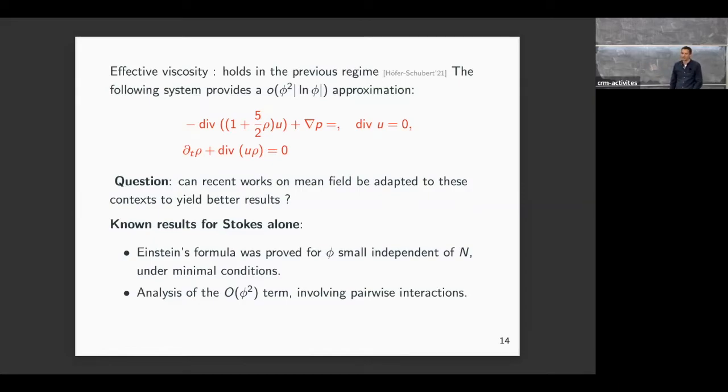It would be really nice to see if they are at least usable in this context. But of course, there is one main difficulty, which is that the kernels that appear, or that are hidden behind, are not so repulsive. It's not so clear. The main obstacle to more general results is really at the level of the mean field.